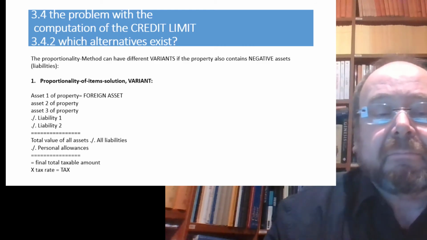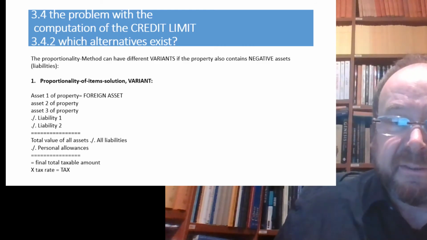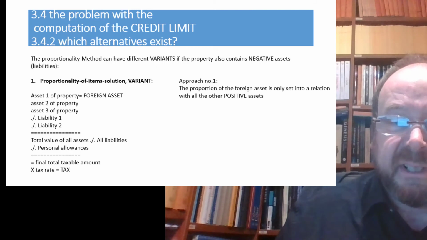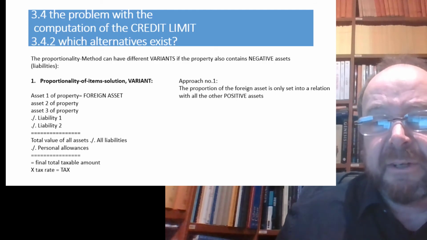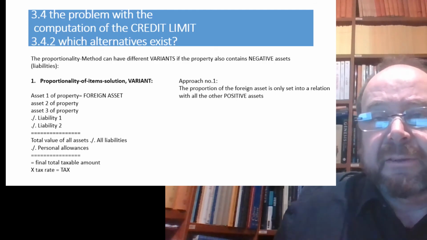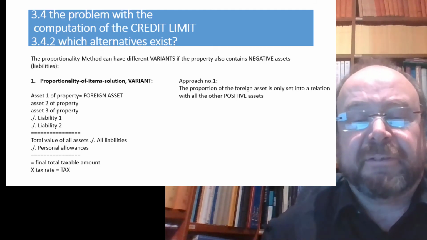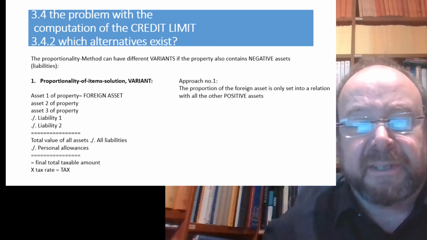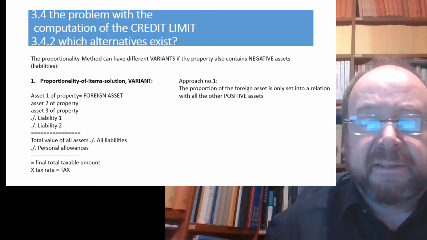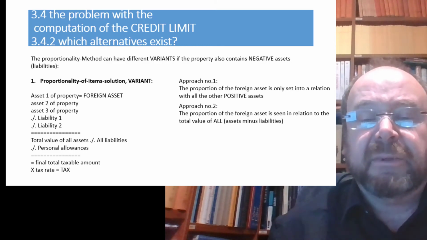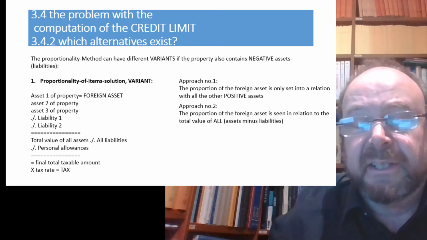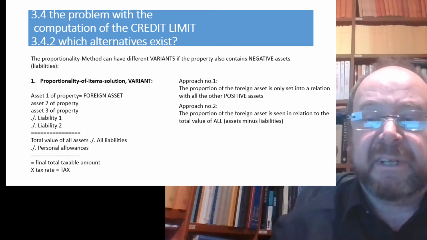And the difference can be shown by examples again. In the first approach, I only look to asset 1, 2, and 3 and leave out the liabilities. Then I get the percentage of the foreign asset in all the positive assets. And approach number 2 would be I look to the proportion of the foreign asset in relation to the total value of everything.